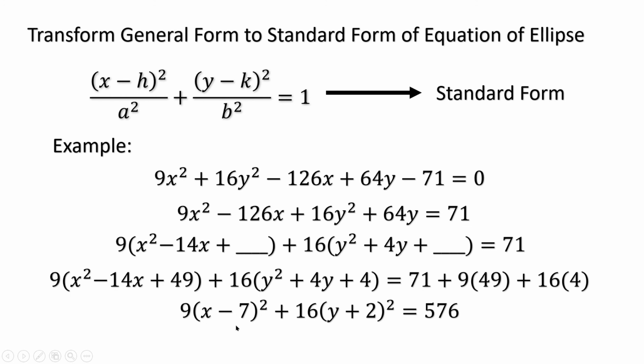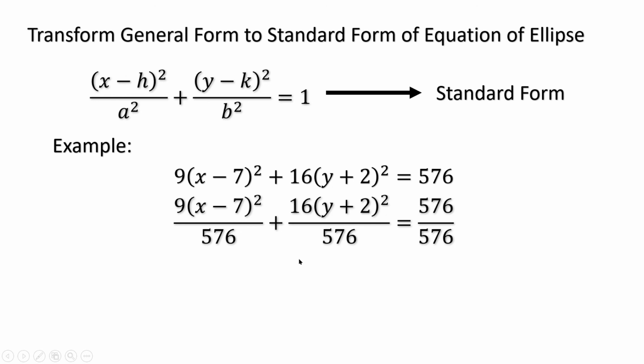Next, we express the perfect square trinomials as squares of binomials. In this case, we have the square of x minus 7, and the square of y plus 2.